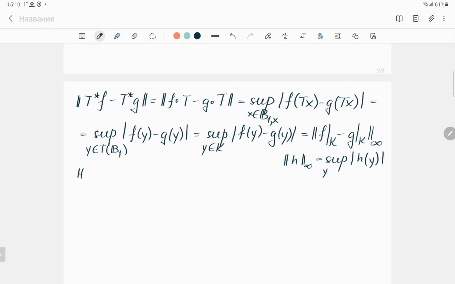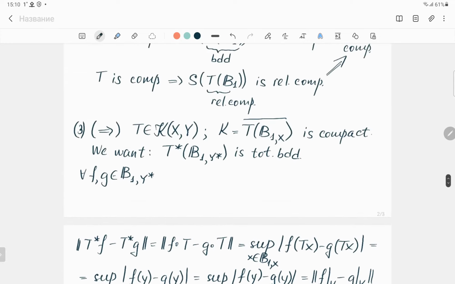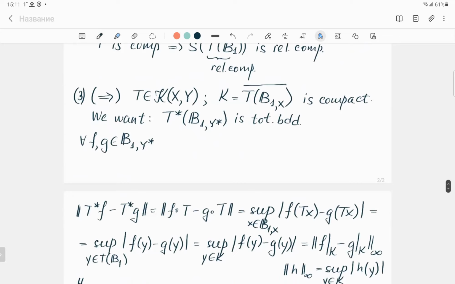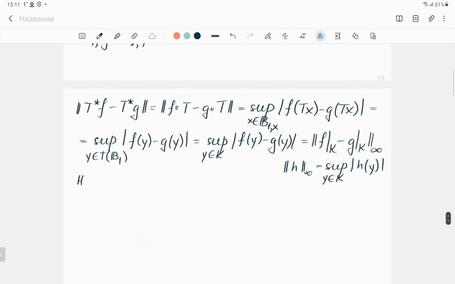So what is K? K is a subset of Y. Here's the definition of K. This is a compact subset of Y. And C of K is the space of all continuous functions. I see. Thank you. And so we equip C of K with the canonical supremum norm. And we observe that this expression is nothing but the distance between f and g in C of K, or more exactly, between their restrictions to K.